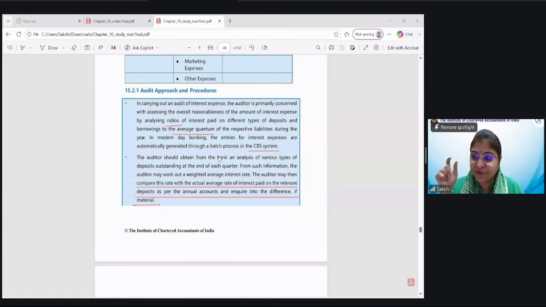Average quantum of the liability of savings account, average quantum of the liability of FD account.